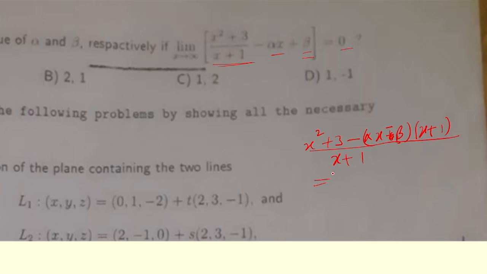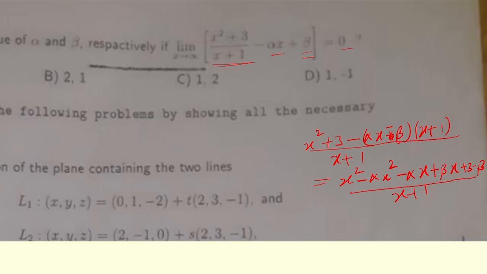Look, when we expand this one, we will have x squared minus alpha x squared, minus alpha x minus beta x plus beta x, and then the constant 3 minus beta, over x plus 1.